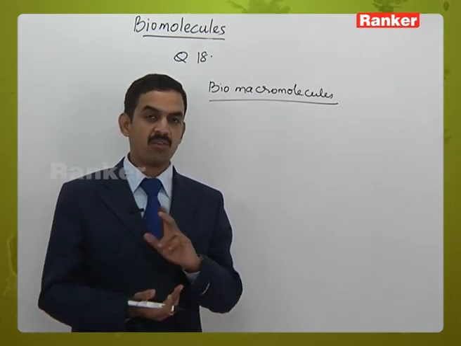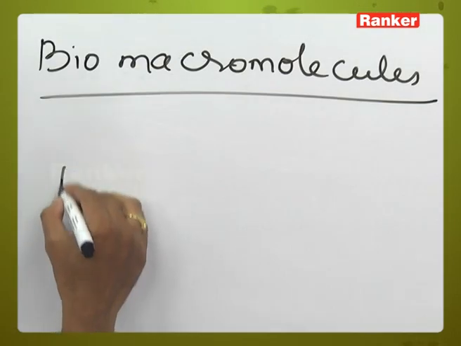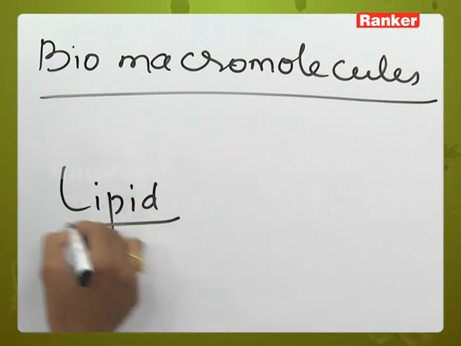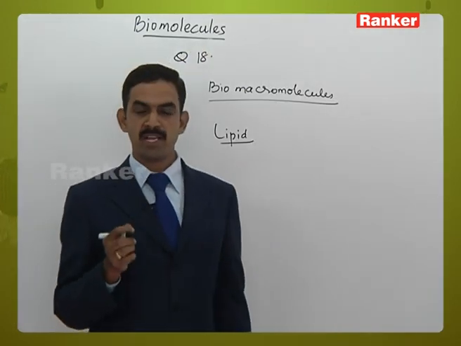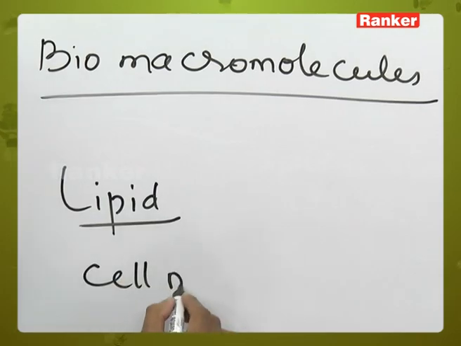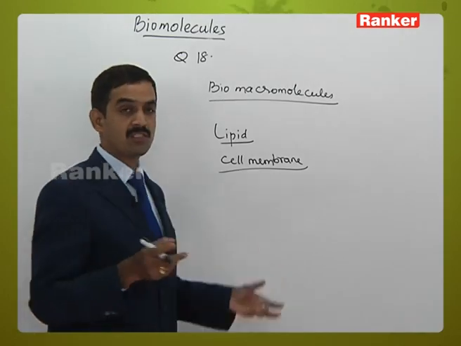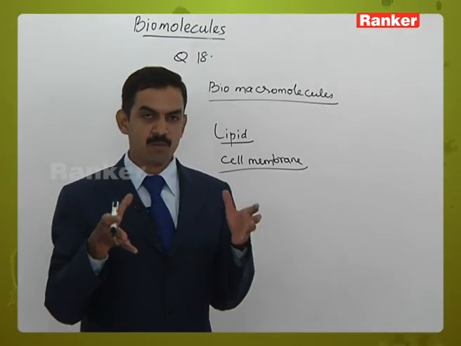Despite having less than 1000 Daltons of molecular weight, why is this lipid considered a biomacromolecule? Because lipids are present in the cell membrane, that is the plasma membrane, and these are not present as independent units.